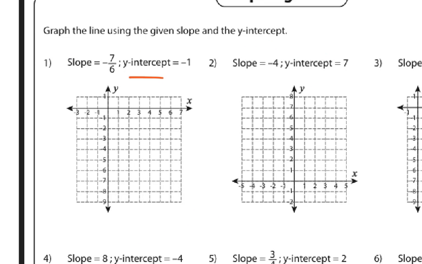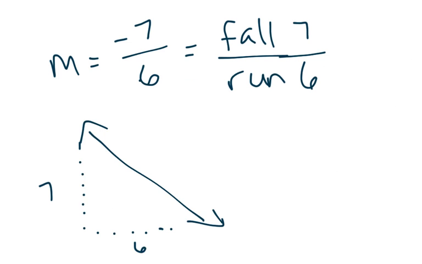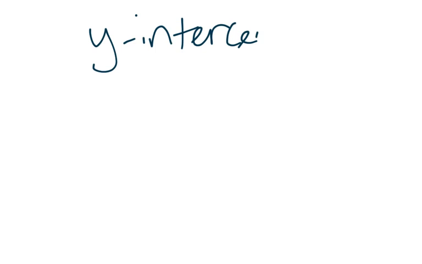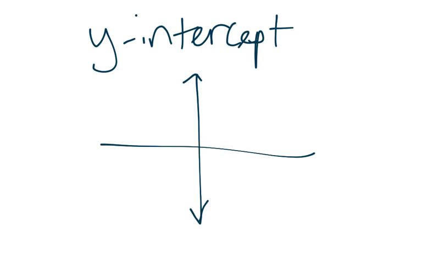And if we look here, it says the y-intercept is -1. So what that means is that it's going to cross over the y-axis at -1. So the vertical line right here, this is the y-axis.